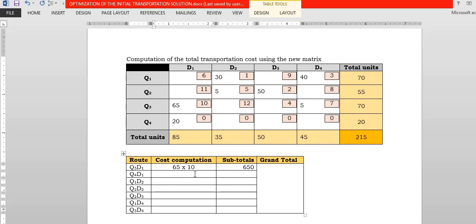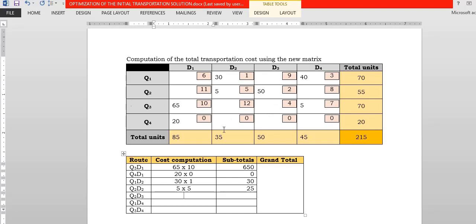Q4 D1 is 20 times 0, which gives you 0. Then Q1 D2 is 30 times 1, which gives you 30. Then Q2 D2 is 5 times 5, which gives 25.